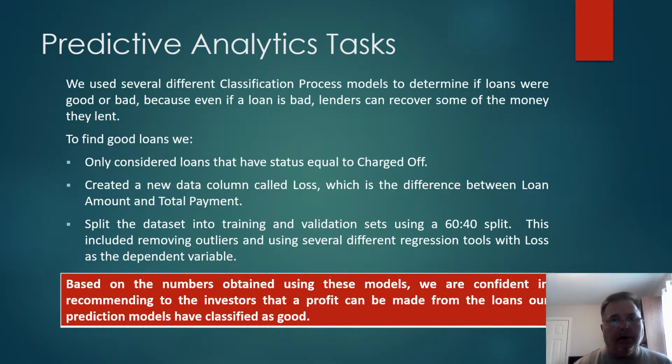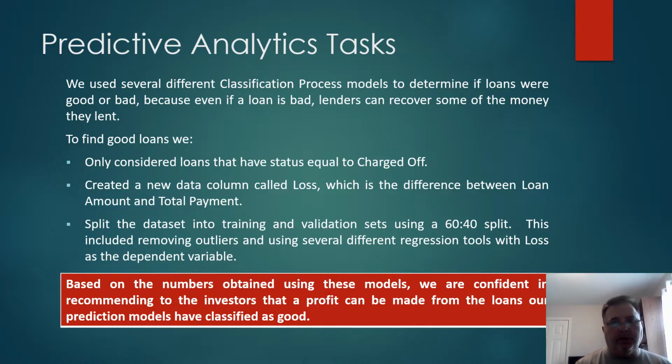We use several different classification process models to determine if loans were good or bad, because even if a loan is bad, lenders can recover some of the money they lent. To find good loans, we only consider the loans that have status equal to charged off. Created a new data column called loss, which is the difference between loan amount and total payment.